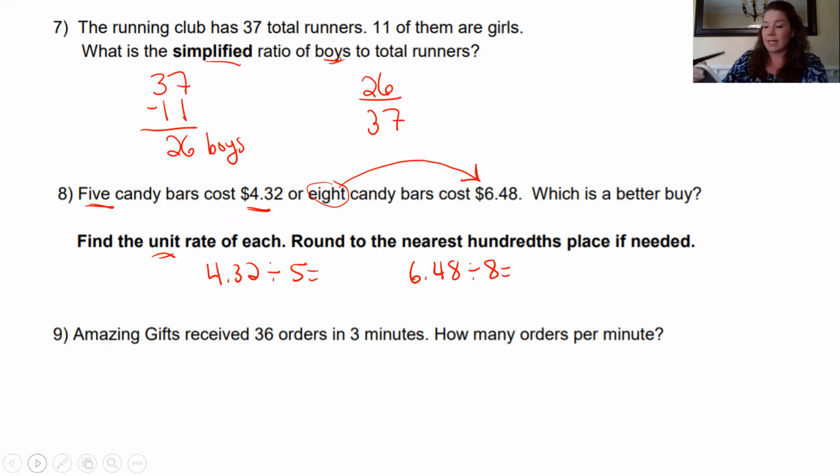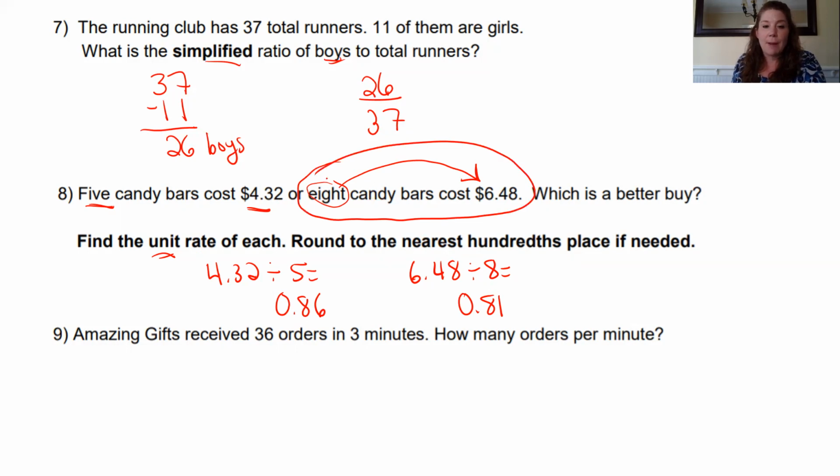When we do this, we get about 86 cents per candy bar. And the second one will give us about 81 cents for the same candy bar. So I'm going to pay less for the same candy bar, which means this one is the better buy, because it costs less.